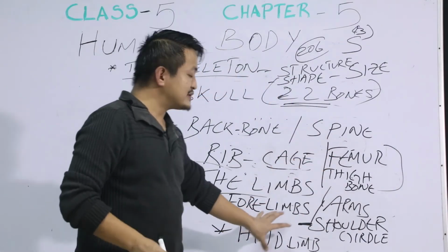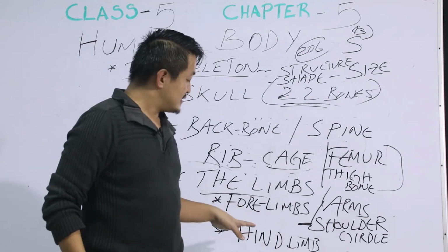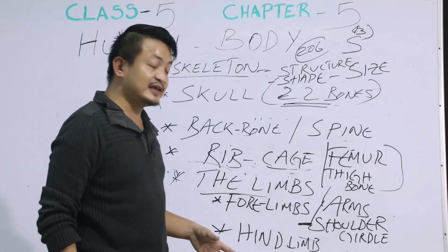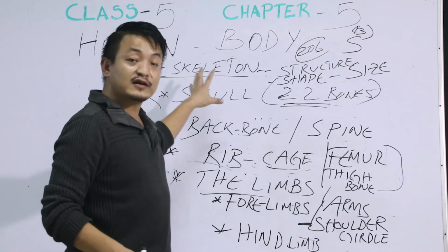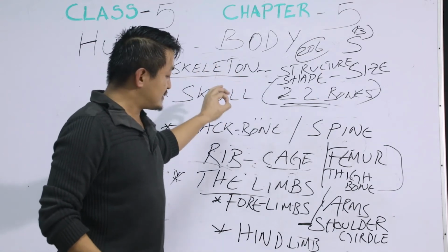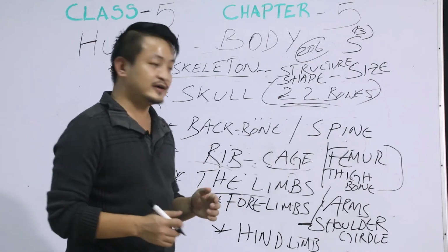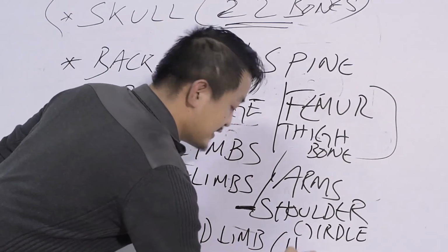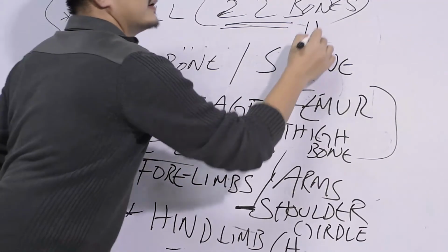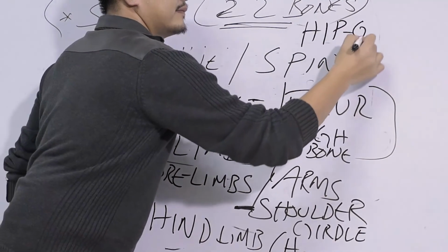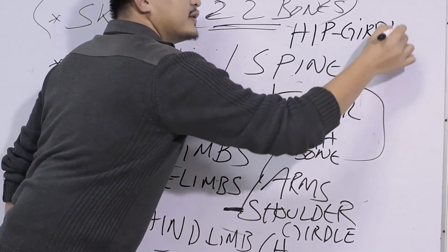And now how is this hind limb, how is this leg attached with the skeleton? Now they are attached to the skeleton through the hip girdle, right here. Hip girdle.